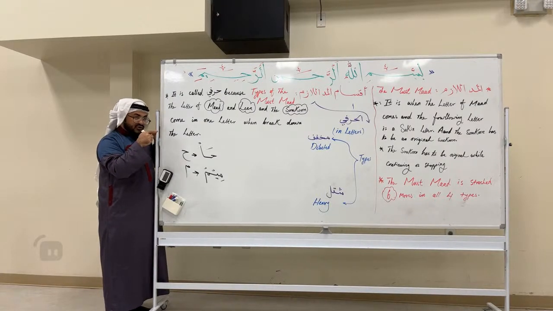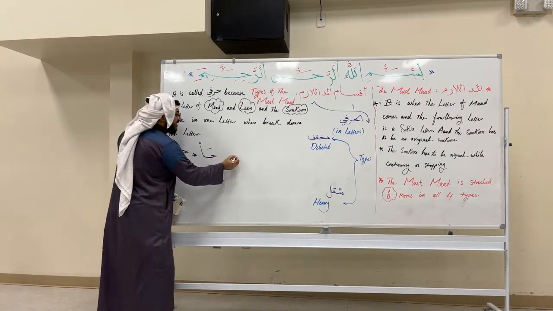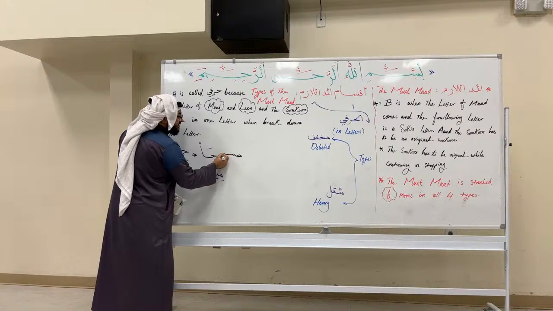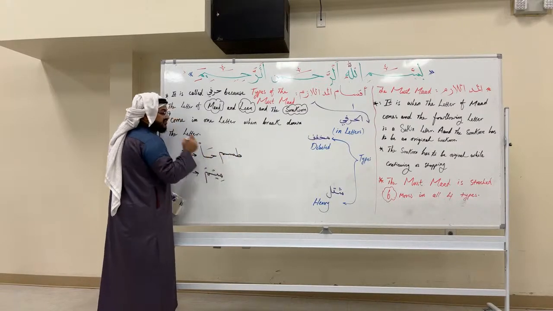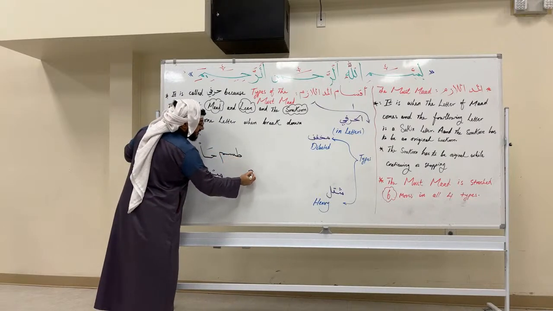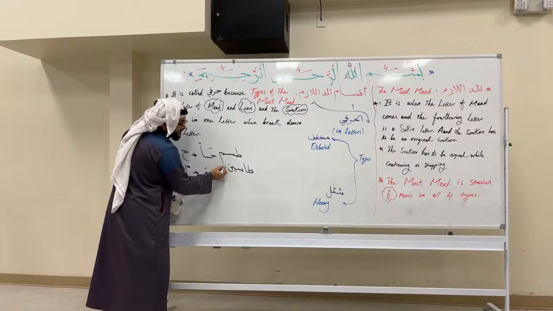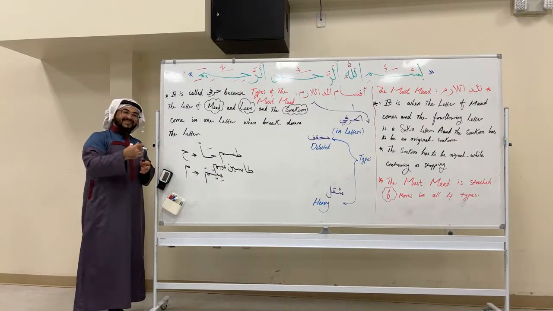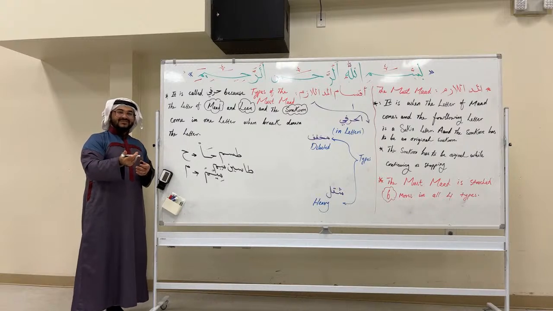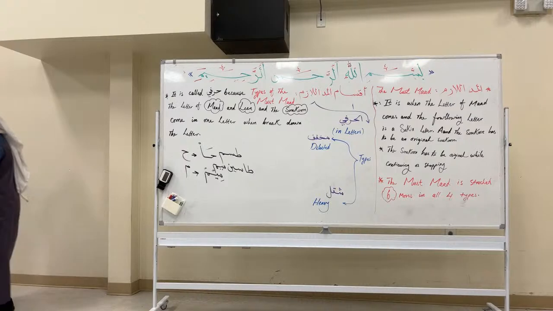We are going inside the letter. For example, if you have ta, sin, meem, when you determine the mad, you break it: ta, and then sin, and then meem. Then after that you will find out what type of mad you have. Okay, inshallah. And I'm going to explain it right now in detail.